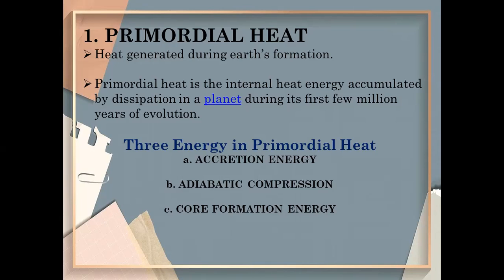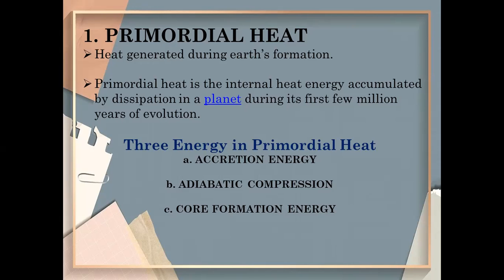In addition, the planet's internal heat source is mainly provided by the radioactive decay of long-lived unstable isotopes. So, that is what is mainly provided when it comes to primordial heat.